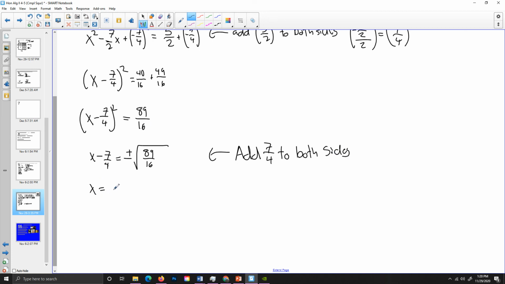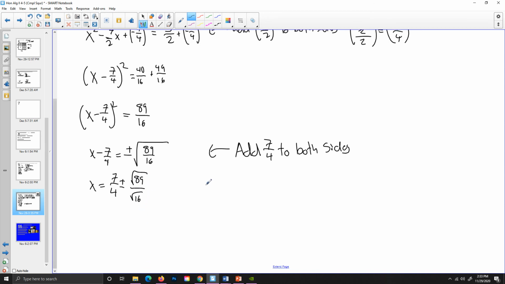That'll give me x equals 7 over 4 plus or minus, well, I can separate these two things into the square root of 89 over the square root of 16. Since 89 is prime, the square root of 89 cannot be reduced. But the square root of 16 can be reduced.